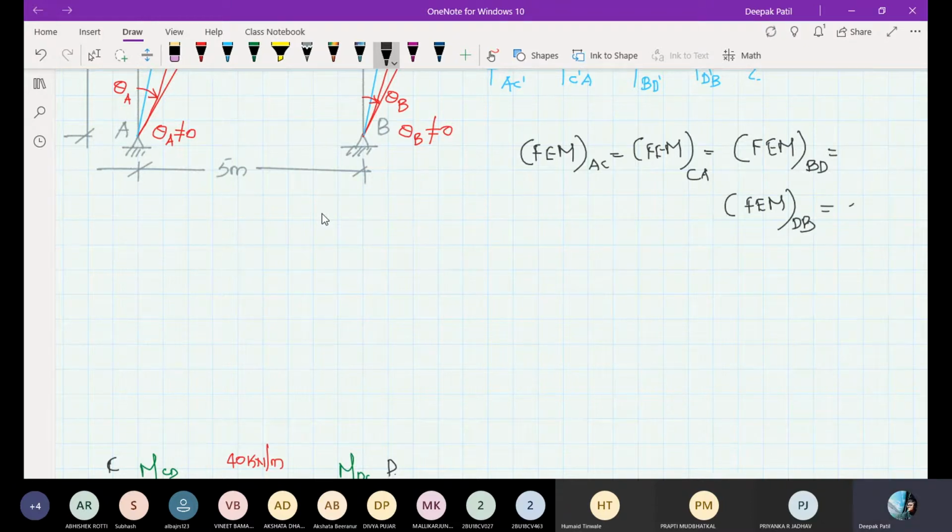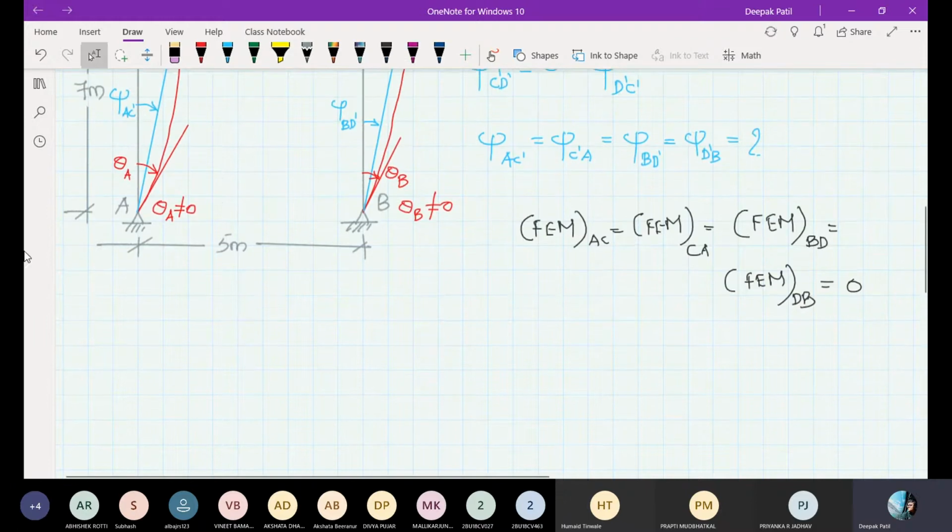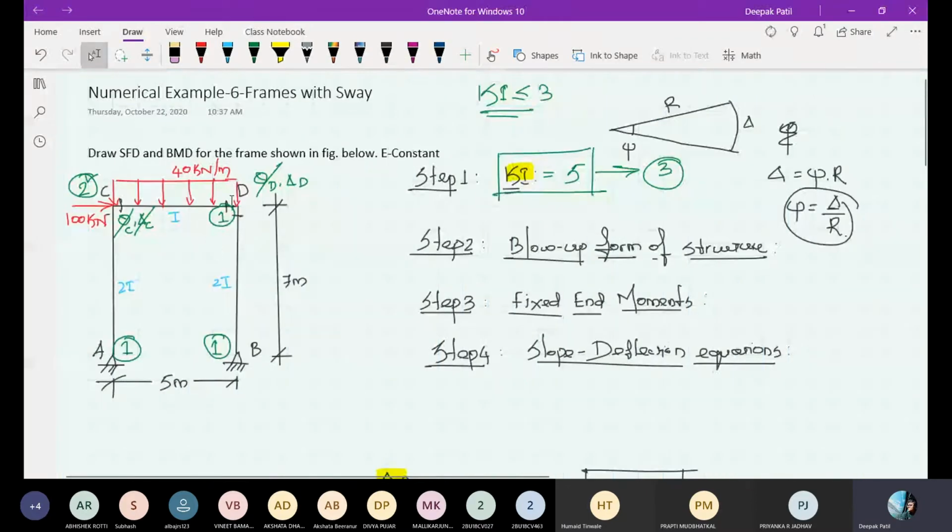All these fixed end moments are 0. Why? Because spans AC and BD are not having any loads acting on them, so the fixed end moment will be 0.